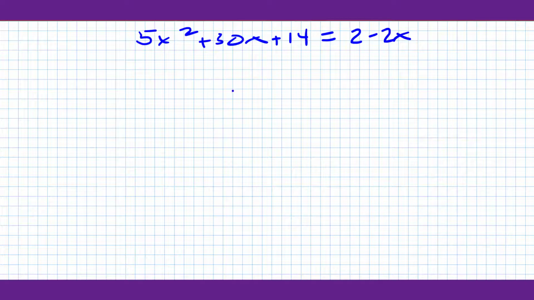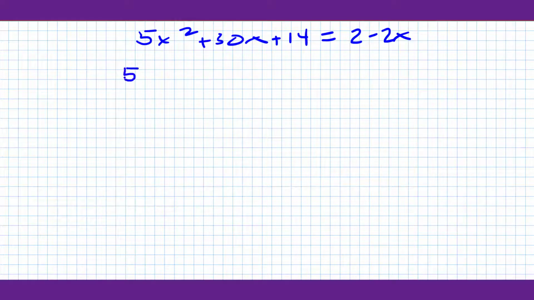Now we can solve a quadratic equation. We can use a table like we did in Desmos, but what we want to do is find the solutions for this quadratic. And I want you to just simply use Desmos. But if we have an equation 5x squared plus 30x plus 14 equals 2 minus 2x. Well, we want to set it equal to 0, so we're going to subtract 2 and 2x from both sides, right?